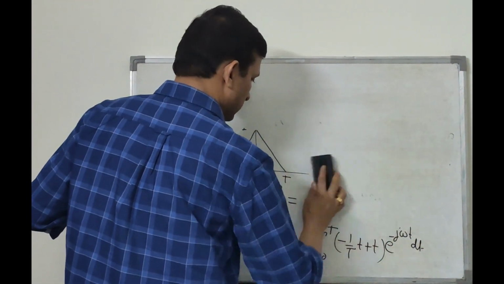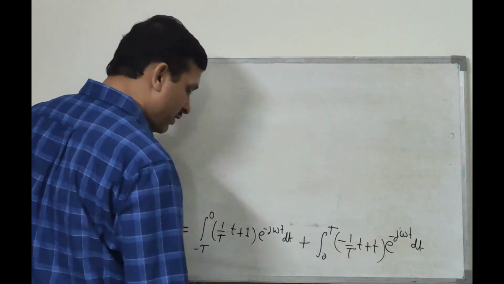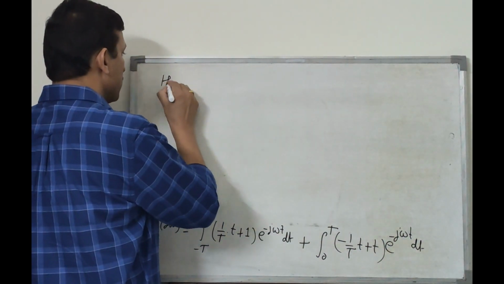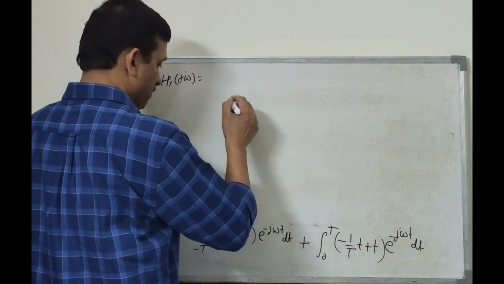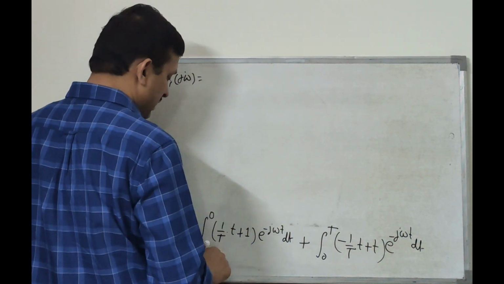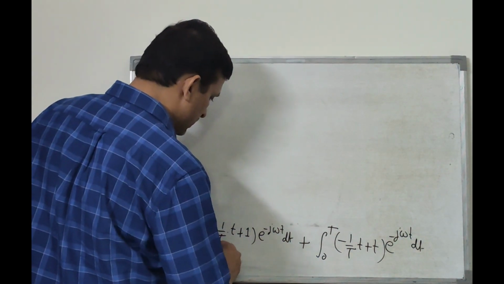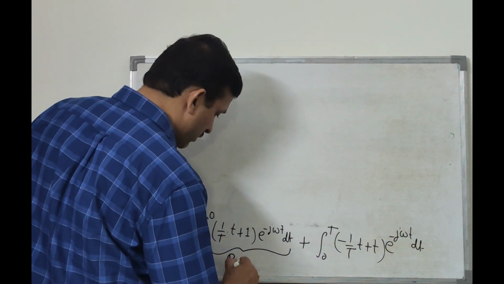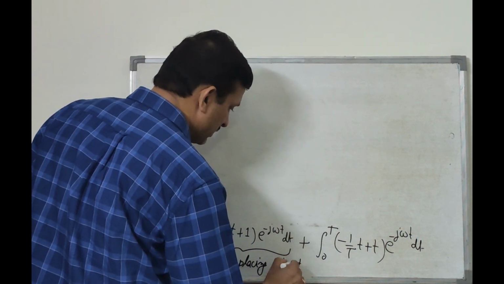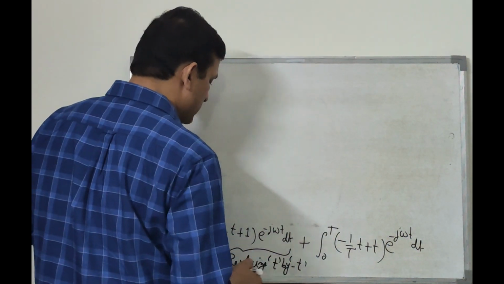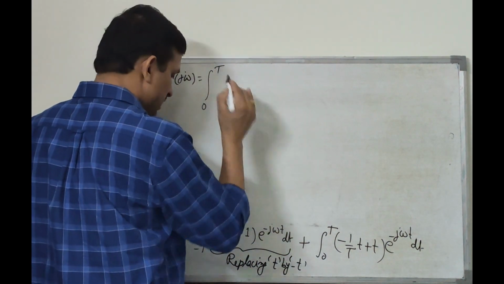We can change the limit by replacing t by minus t in the first integral. Then the limit of the integral will also change, and that will be from 0 to T, simple mathematics.